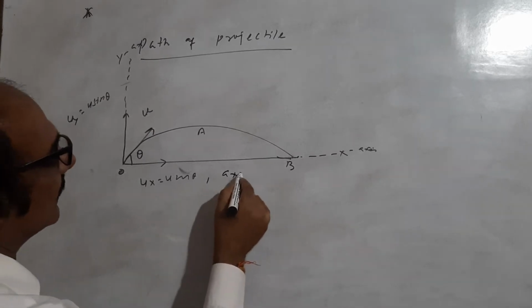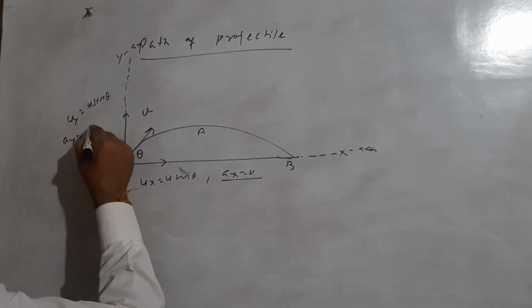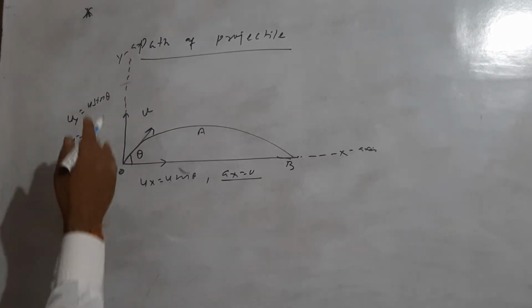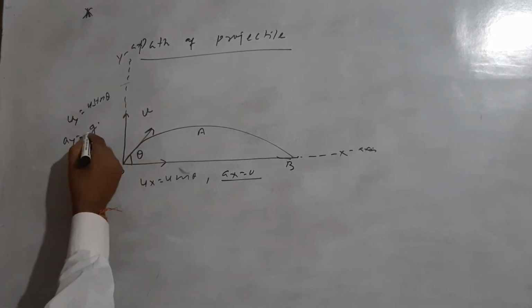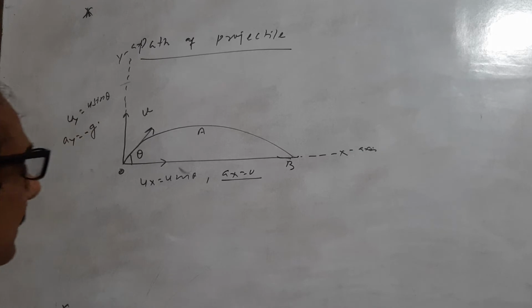The acceleration along the x-axis is equal to 0, and the acceleration along the y-axis is taken as g. When it is thrown upward, for vertical displacement it is taken as minus g meter per second square.